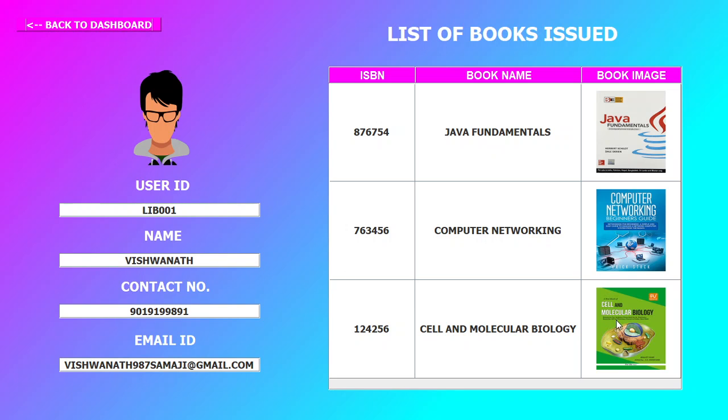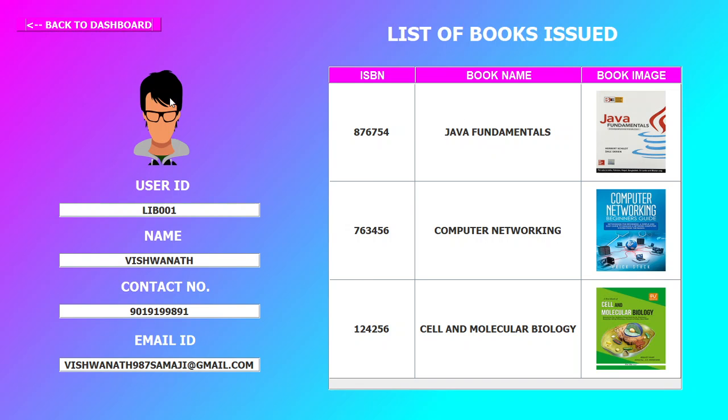Just a few seconds earlier, Raman had returned this book, and after returning, this book was available in the library, so the librarian issued this book to the member with user ID lib 001 and name Vishwanath.